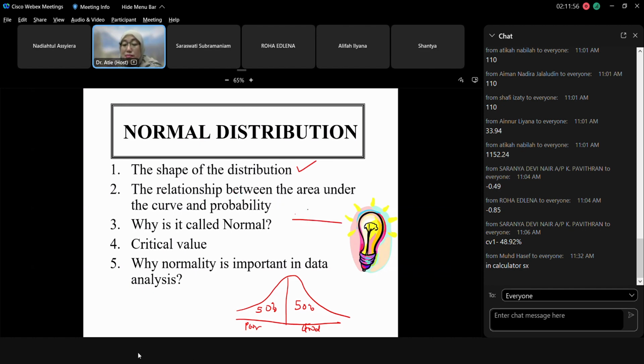All this area represents the probability and the total will be 1. So our purpose for this chapter 4 is to calculate this probability under the curve. We will continue: why is it called normal, what is critical value, and why normality is important in our data analysis.